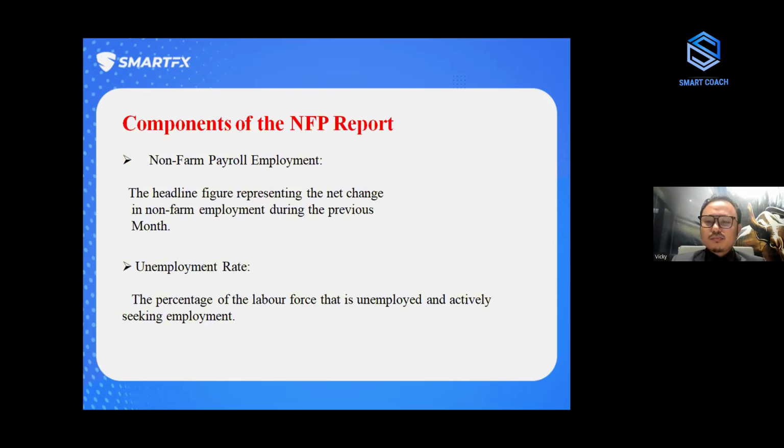So the NFP is actually the number of people, let me make it a very simple way. How many people were employed in the previous month? The government will check every month how many people were employed in the previous month.